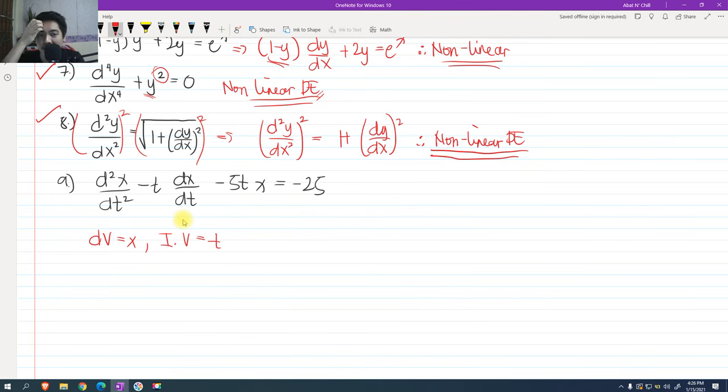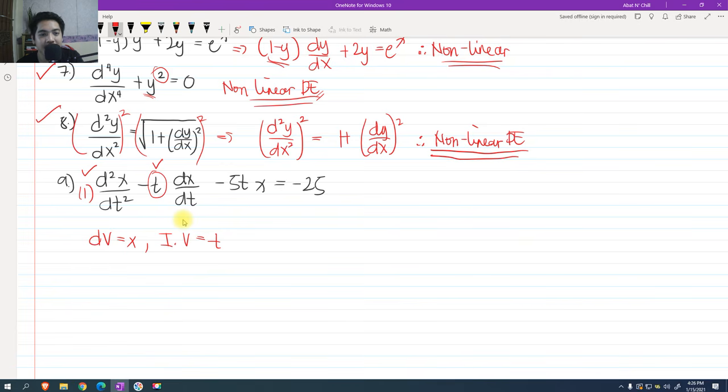So is this linear or not? Let's try. We have a 1 here dependent on the independent variable t, so it should be a of t, a constant in terms of t. That is still correct. Second derivative, minus t dx all over dt. This t is the a of t, multiplied to the derivative.